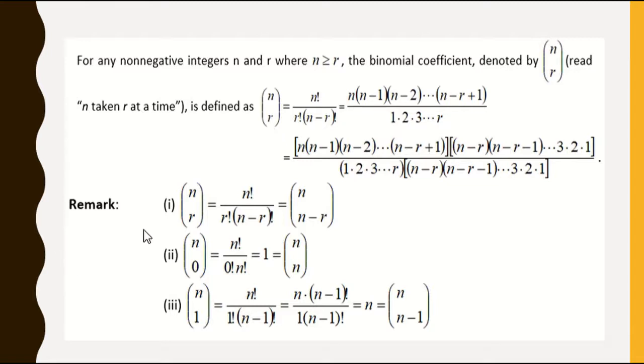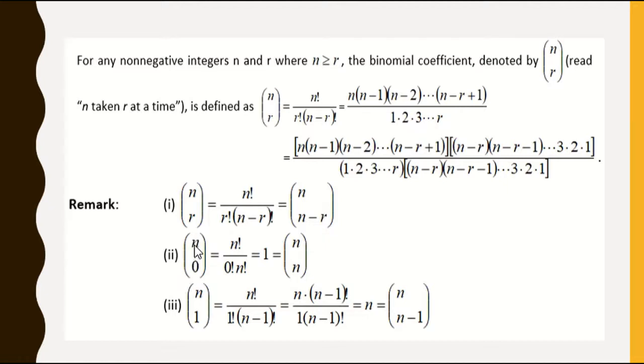Let us have the remark. N taken r at a time is equal to n factorial over r factorial multiplied to n minus r factorial, which is equal to n taken n minus r at a time.